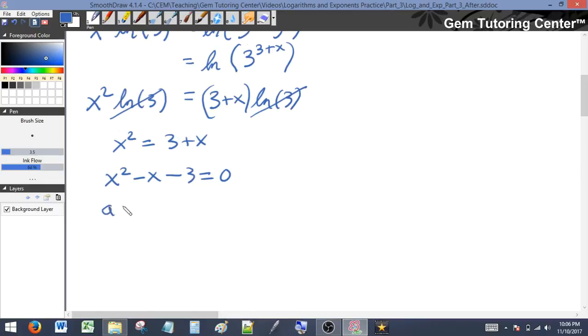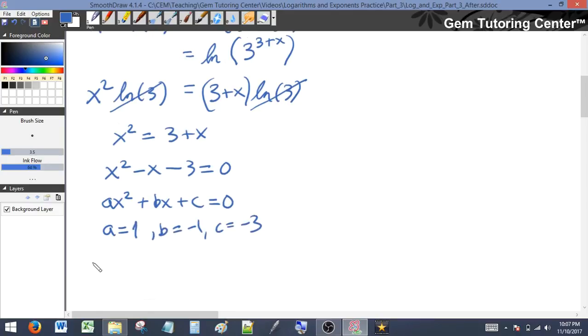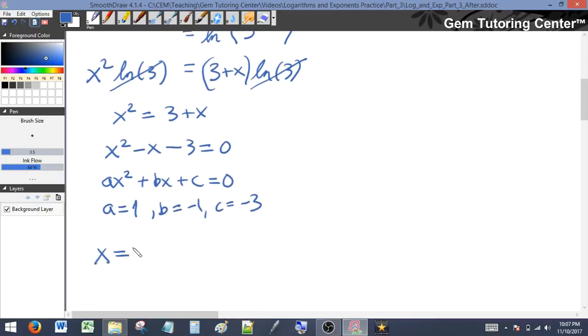Just quickly reviewing, the standard form of a quadratic equation is ax squared plus bx plus c equal to 0. And in this equation, a is equal to 1, b is equal to negative 1, and c is equal to negative 3. And the quadratic formula says x is equal to negative b plus or minus the square root of b squared minus 4ac, divided by 2a.